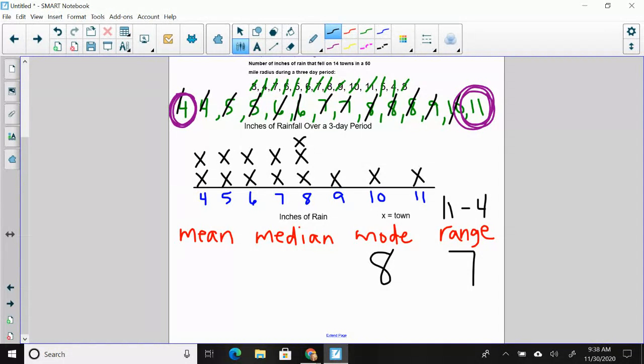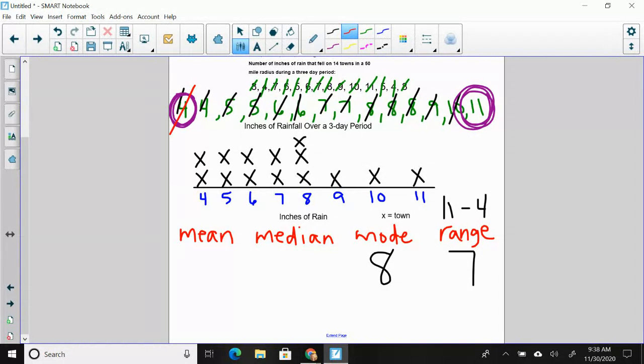Now, we have 14 numbers in our data set. So 14 is an even number, which means we're going to have 2 numbers in the middle, okay? Let's see which 2 numbers are in the middle, because this might work to our advantage.